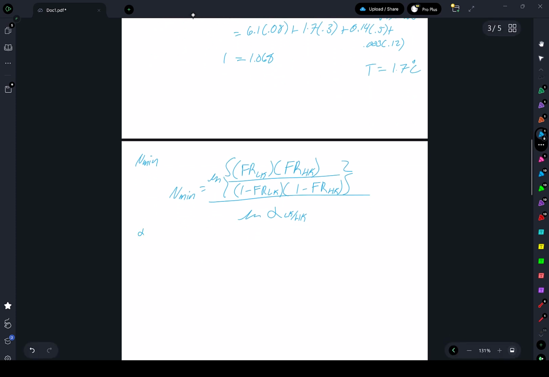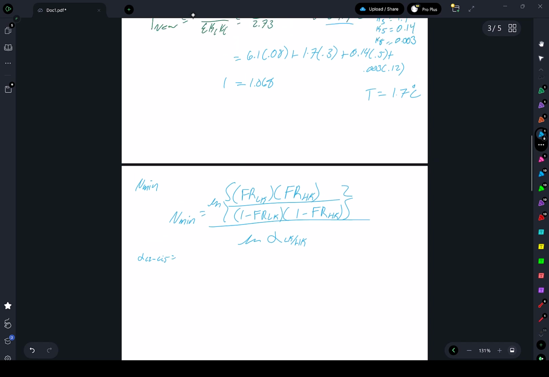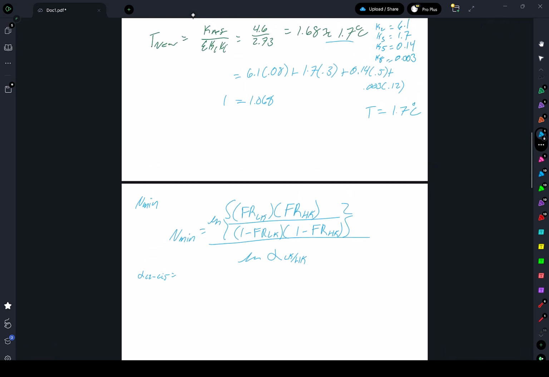So let's just say alpha C2 with respect to C5 is just the K of C2 divided by our reference, our heavy key. So it's 6.1 divided by 0.14. Alpha C3 with respect to our reference is 1.7 divided by 0.14.